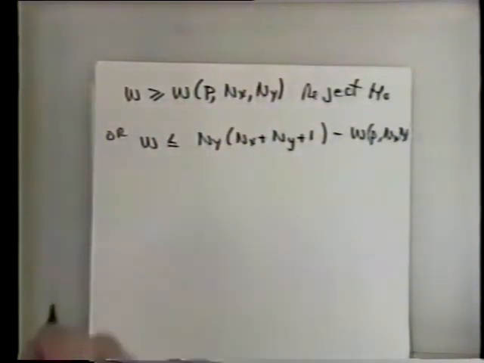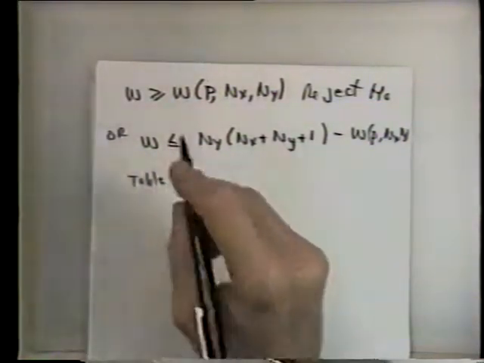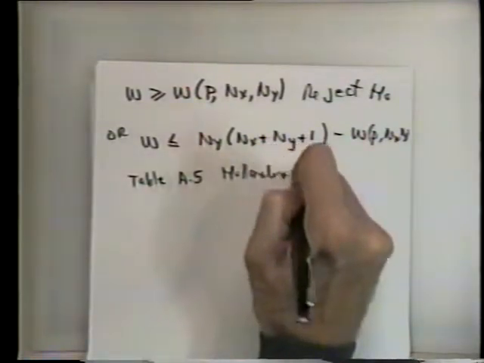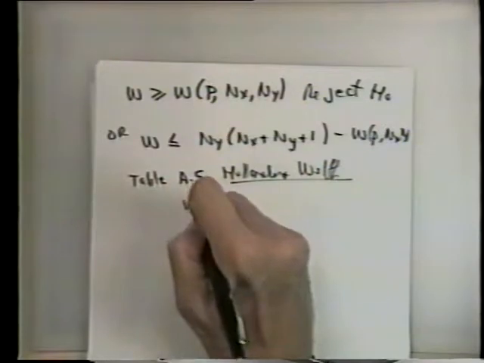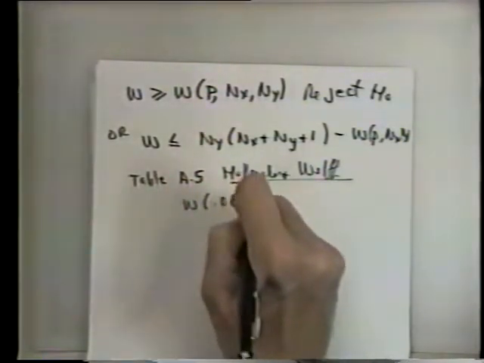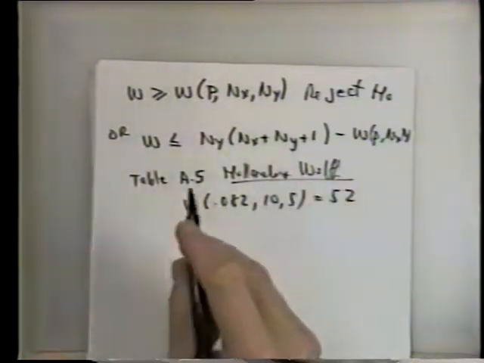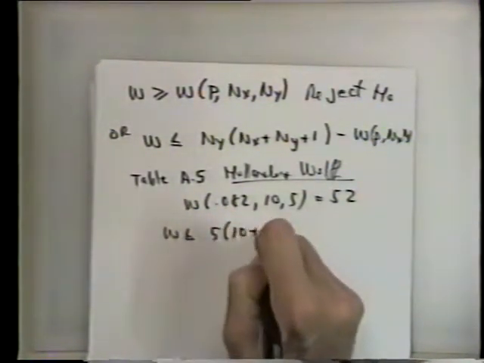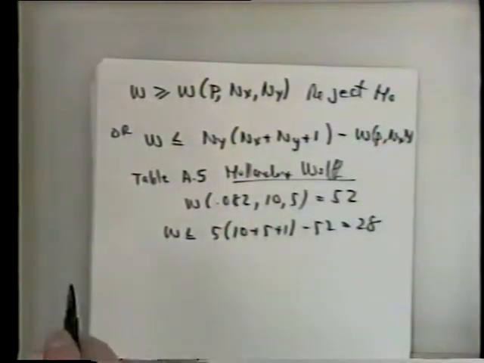And it turns out that looking at table A.5 in Hollander and Wolf, this W at 0.082 at 10 and 5 corresponds to 52, and the W at the other tail at 5 times 10 plus 5 plus 1 minus 52 equals 28.